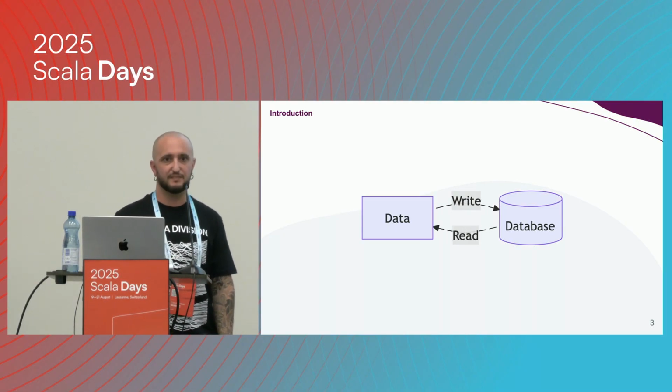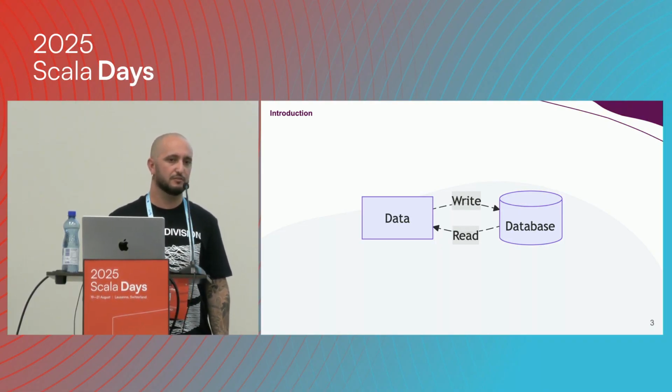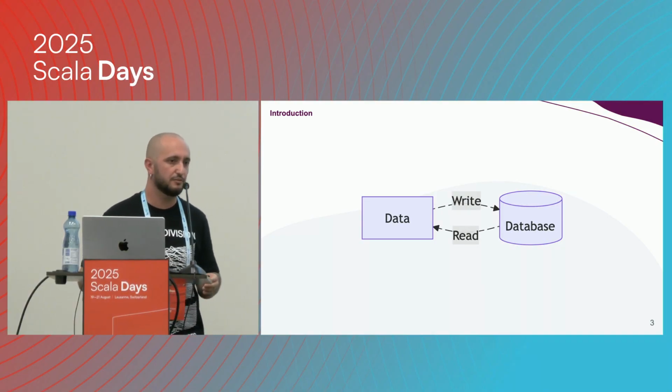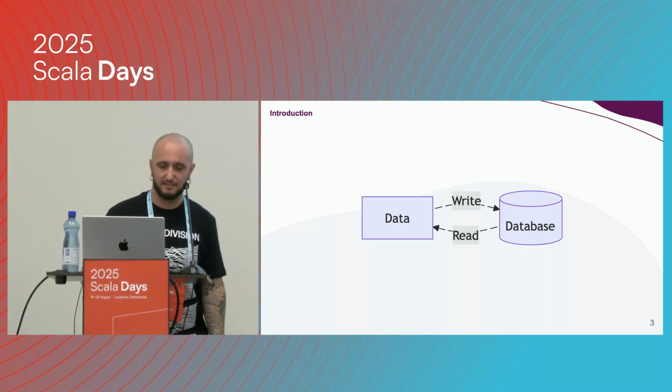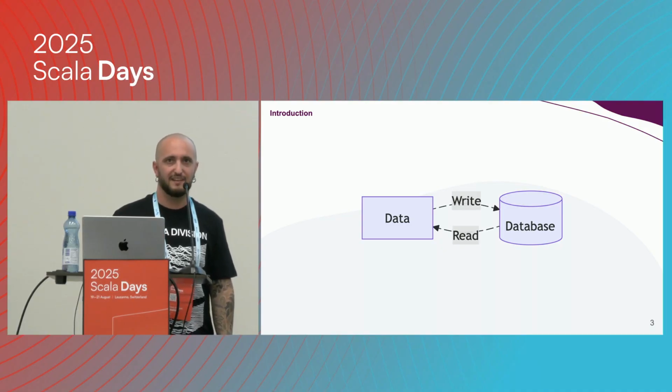So there are a bunch of different ways that you can structure your types, your domain models around this, right? From very simple and super easy, like just use the same types for everything. You have a data class, you have a codec to write and read from the database, and you use that. But that has very clear limitations, right?